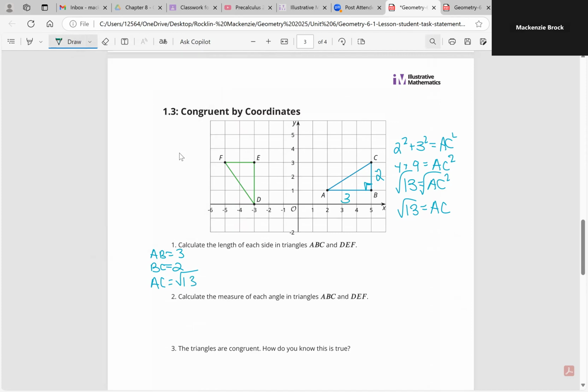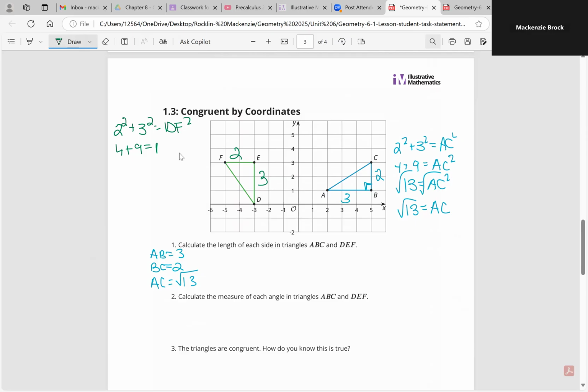Okay, green one, DEF. EF is 2. DE is 3. So Pythagorean theorem, which if you notice, it's the exact same numbers that we had. So you should know that you're going to get the same thing.